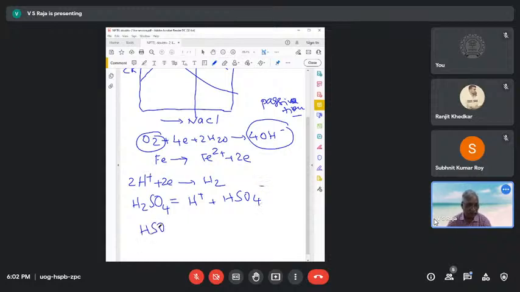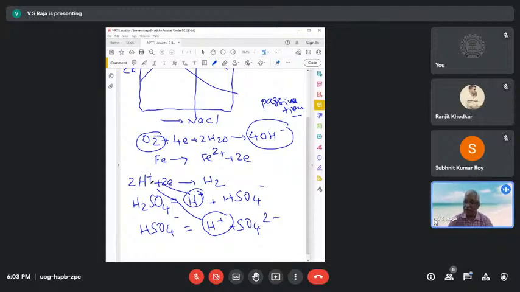HSO4 minus will dissociate into H plus and SO4 2 minus. Please notice these H plus, which are responsible for this reaction. That means the sulfuric acid has to dissociate into H plus and HSO4 minus, or H plus and SO4 2 minus. If they don't happen, then this won't happen.